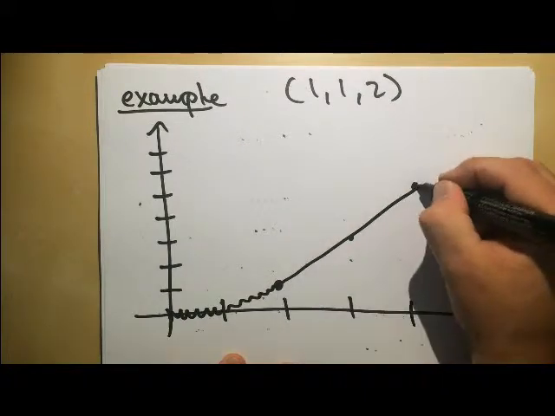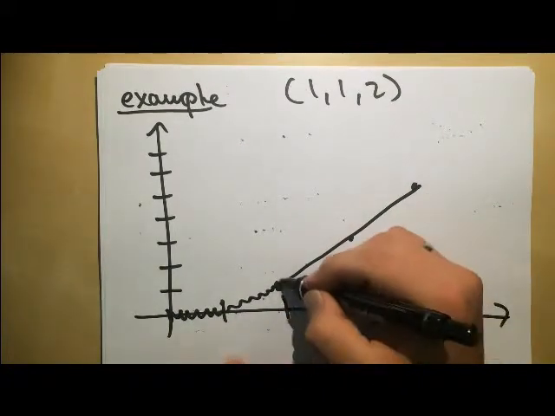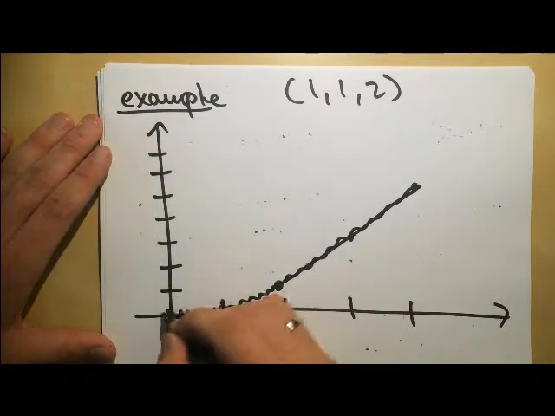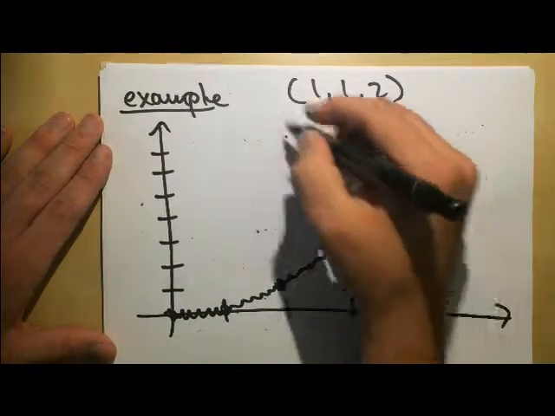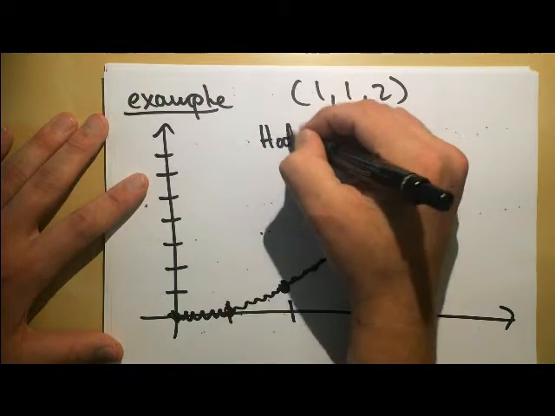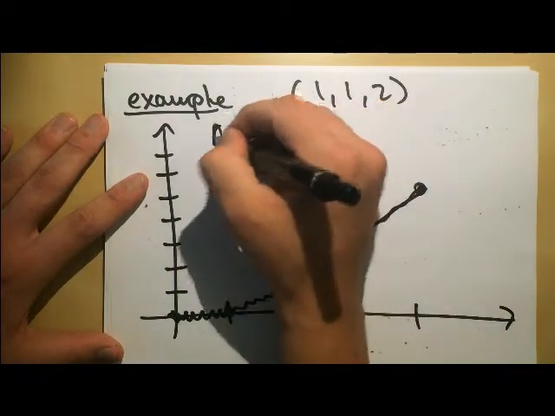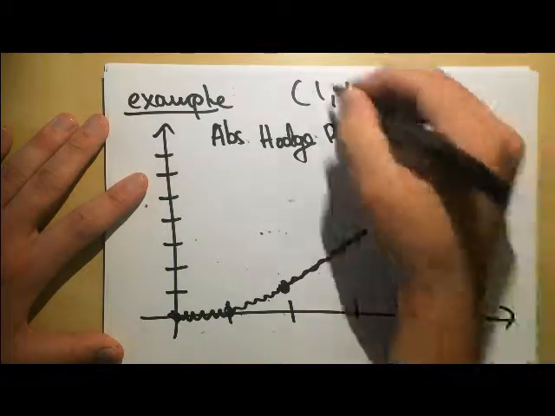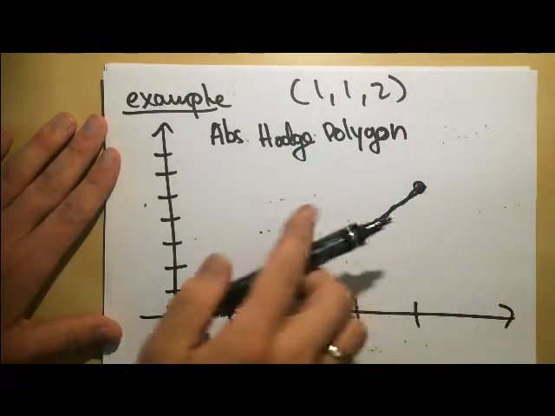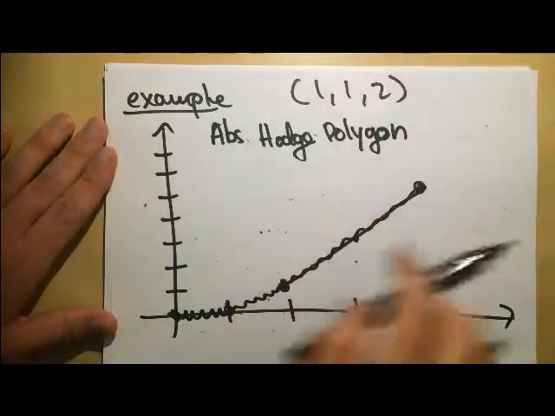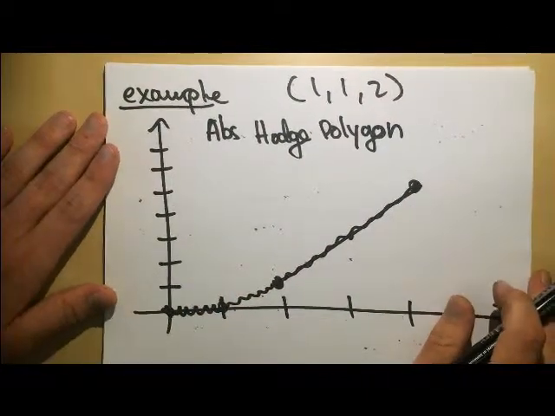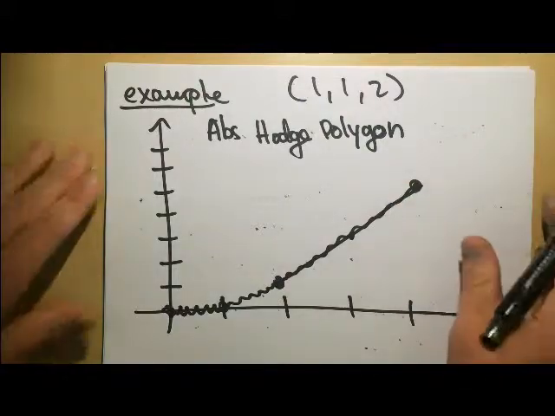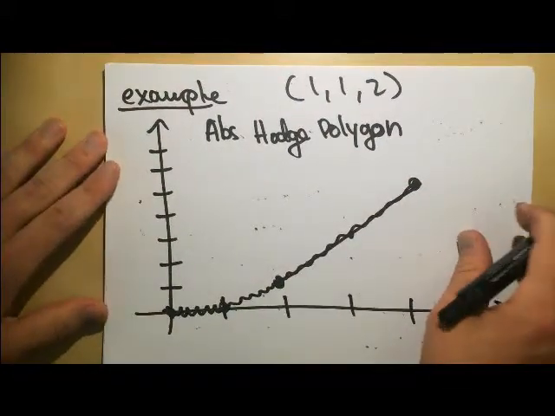So this is the Hodge polygon, the abstract Hodge polygon of this sequence. It'll essentially keep going up and up and up. That's what these things look like. Maybe this wasn't the best illustration, but I think you get the idea.